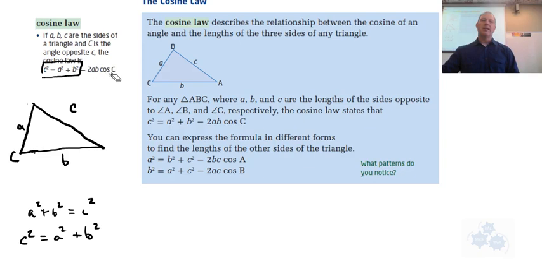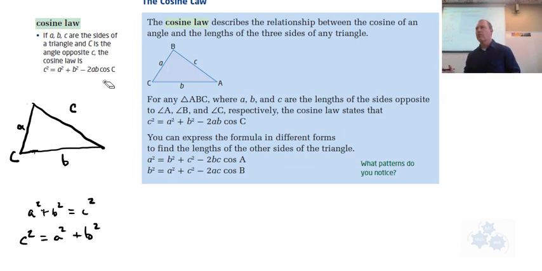The cosine of C is actually a value that's not 0 now. And so, to me, this is easier to remember if I start with the Pythagorean theorem, and then I say to myself, because this is not a straight 90-degree angle, I have to account for this. A is going to be a bit longer. B is going to be a bit longer. So I have to have something extra, and that's what makes up the rest of the cosine law.